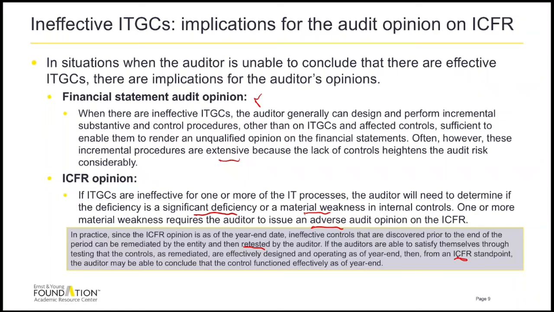Ultimately, if one or more ITGC is determined to be ineffective as of year end and the auditor concludes that the effect is that the financial statements could fail to prevent, detect and correct a material misstatement from error or fraud, the auditor would conclude that there was a material weakness in ICFR.